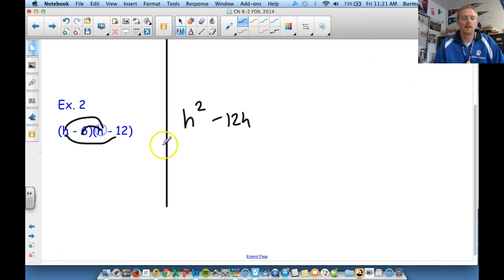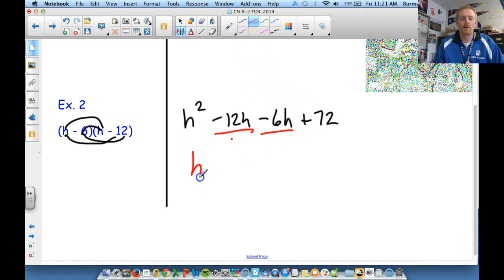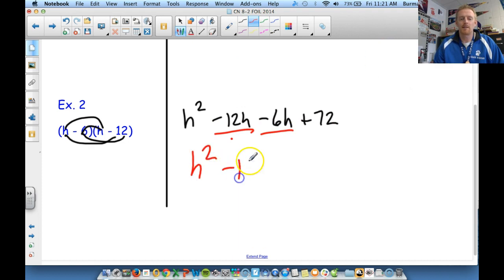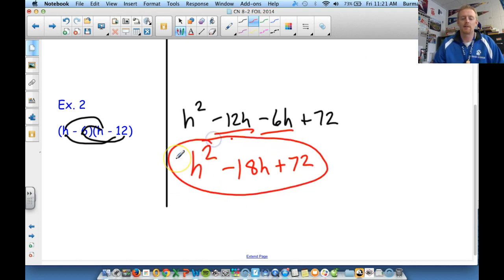Our insides, a -6 times an h makes a -6h. And then our lasts, a -6 and a -12, makes a positive 72. We combine our like terms, so we have an h squared minus 18h plus 72. And that is our process.